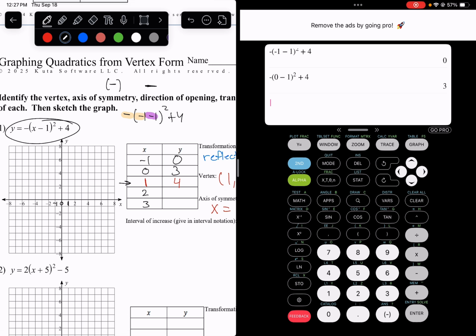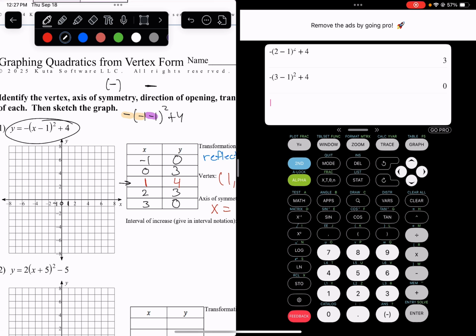Now, if you have a TI-84, if you arrow up and highlight, and you click enter, it'll drag this down and you can just go back and edit the value that you plugged in. It'll save you a little bit of time. So when I plug in a 2, I get a 3 out. And then I plug a 3 in, and I get a 0 out.